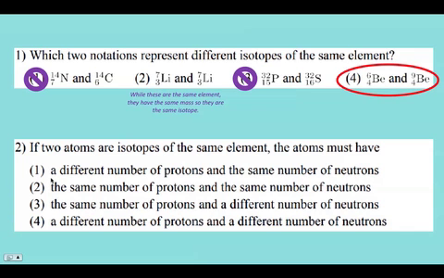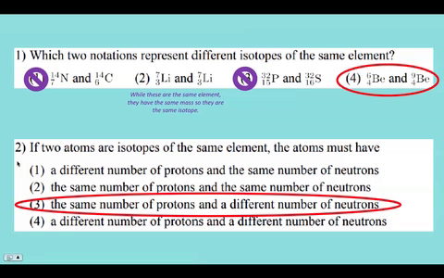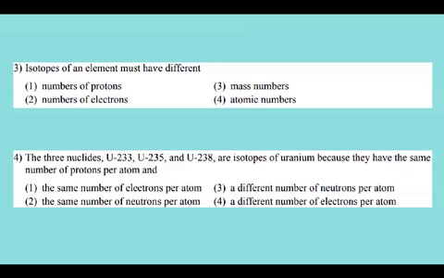In number 2, for that question, it's saying you have two atoms that are isotopes of the same element. They must have, choice 3, the same number of protons and a different number of neutrons. So you definitely have to be able to define what an isotope is in questions. And you're going to see that happen in these next few questions as well. Isotopes of an element must have different mass numbers.